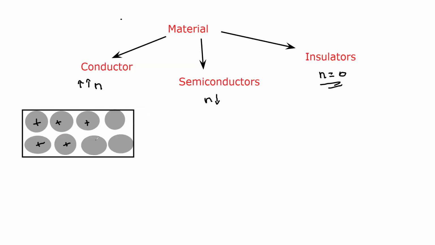The structure of a metal is a lattice of positive ions and delocalized electrons. These electrons are free to move within the structure. So if I take a certain volume of the metal, I will find more free charges in this volume.